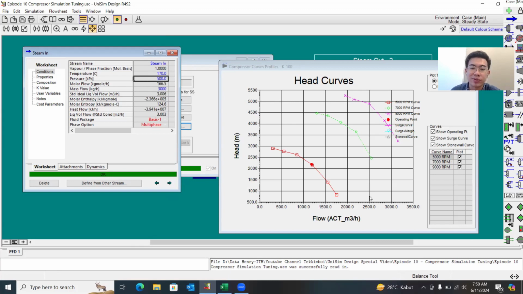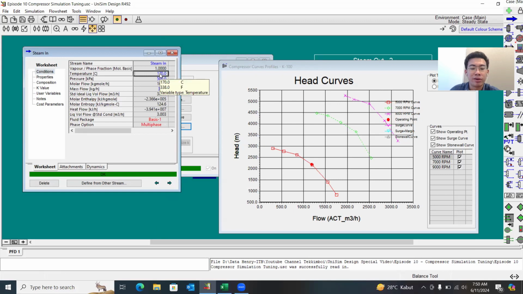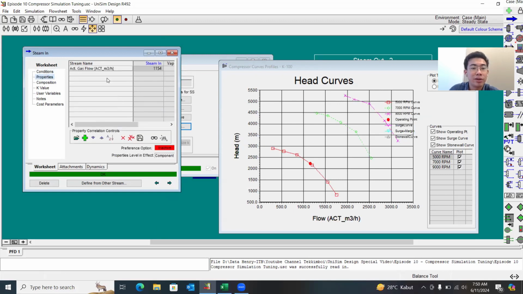Here, the x-axis is the actual volume flow. If I go to the properties, you see here 1183. If I have 161, 1154. So it is lower at lower temperature.